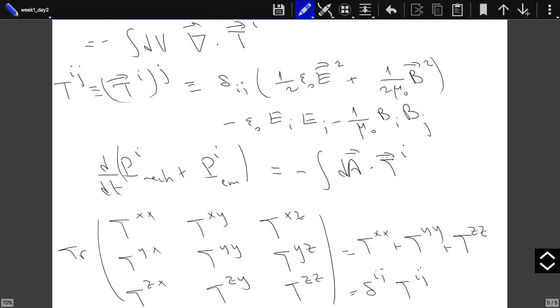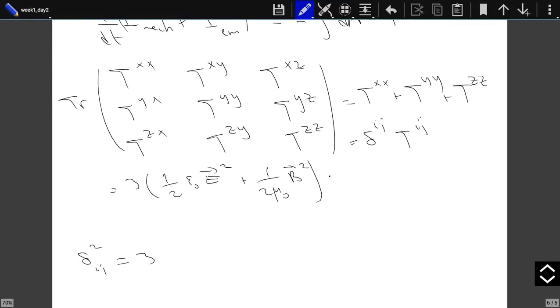Then these terms, this is epsilon 0 times, this becomes E squared, and that becomes B squared. So minus epsilon 0 E squared minus 1 over mu 0 B squared.